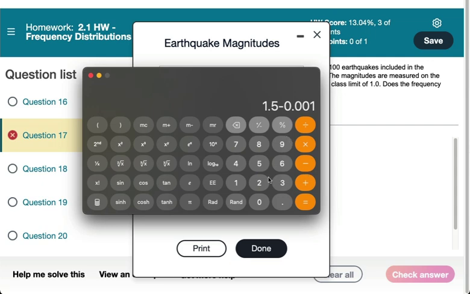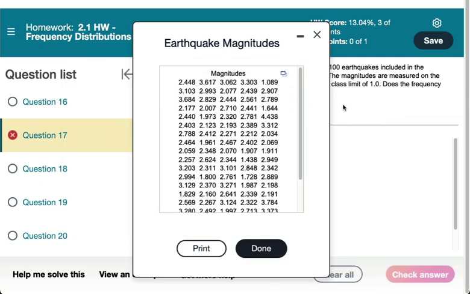And let's calculate that. That's equal to what? The largest value on that list of earthquake magnitudes that would fit in my first bin would end with 1.499. Okay, 1.499. So I'm going to move that off to the side.